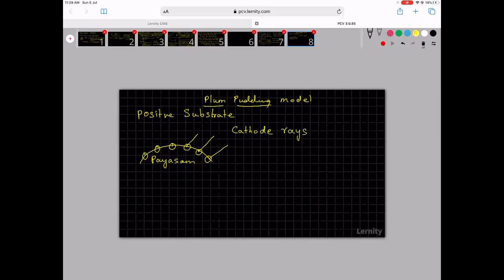So the first model of an atom says that an atom is neutral. It consists of a positive substrate with the electrons embedded in it.